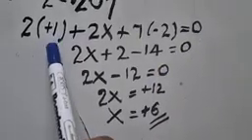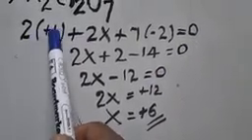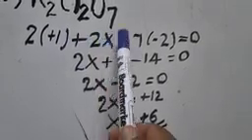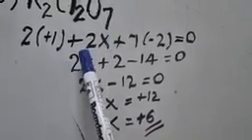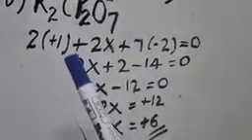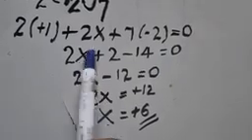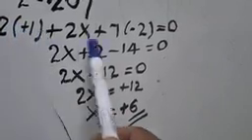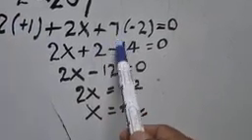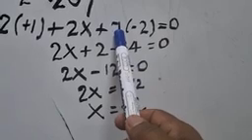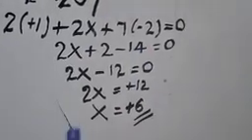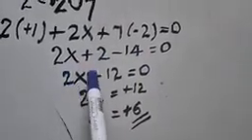Then the variable comes first, because we should combine numbers with numbers. Therefore 2X plus 2, minus 14, since 7 times -2 is -14.